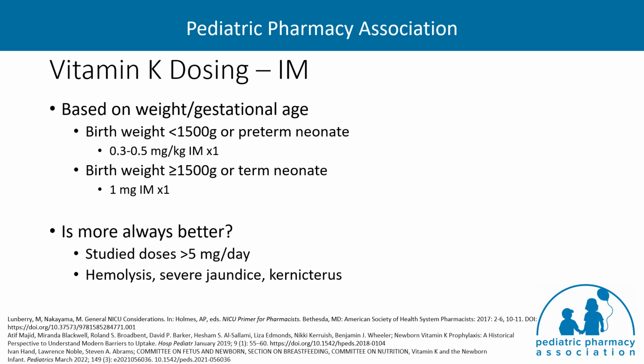For birth weights greater than or equal to 1,500 grams or a term neonate, recommended dosing is 1 milligram intramuscularly times 1. The dosing for neonates less than 1,500 will vary within the 0.3 to 0.5 mg per kilo range across institutions. Some utilize flat dosing ranges versus weight-based dosing for all very low birth weight infants, and this is just an institutional practice.